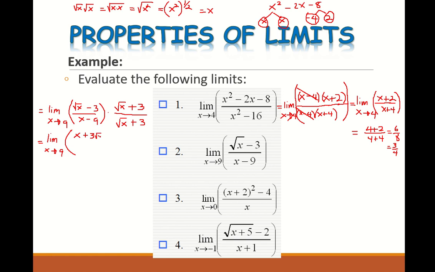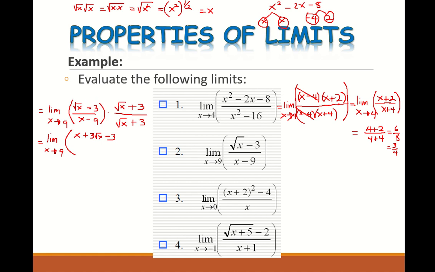Okay, so we're done with the first term, multiplied by both the first and second term of the second binomial. Next we have the second term, which is negative 3, so negative 3 multiplied by square root of x. What we did first was multiply the first term by every term of the second binomial.